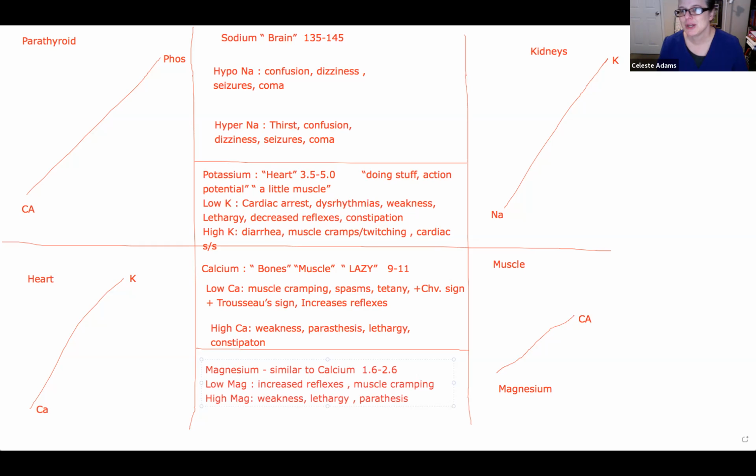Calcium, like I said, is more along the lines of bones and muscle, whereas magnesium is more muscle and neuro. So even though it's very similar and shows similar signs, magnesium is going to be more on your excitability level than calcium. You're going to have more nerve stuff in magnesium than you will in calcium.